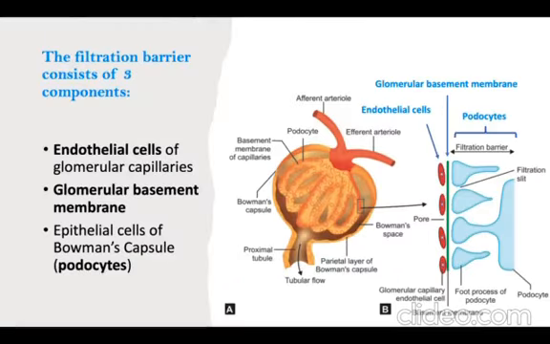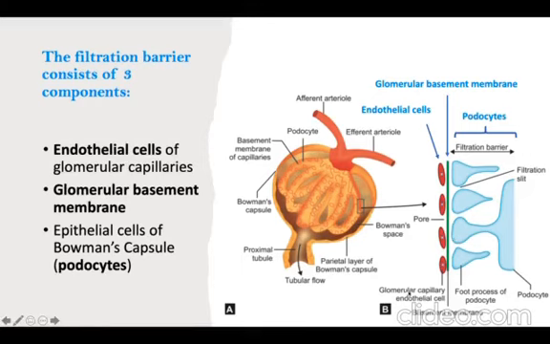So there is the filtration barrier. We will look into its structure. The filtration barrier consists of three components: endothelial cells from glomerular capillaries, the glomerular basement membrane, and epithelial cells of Bowman's capsule, also called podocytes.